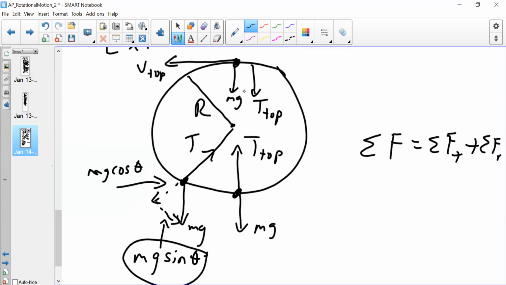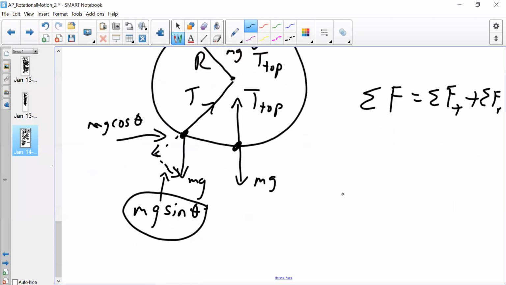That is due to these two forces at the top pointing inward, and then there's a net centripetal force that's due to the tension pointing to the center of the circle and its weight. So let's just diagram all that out.